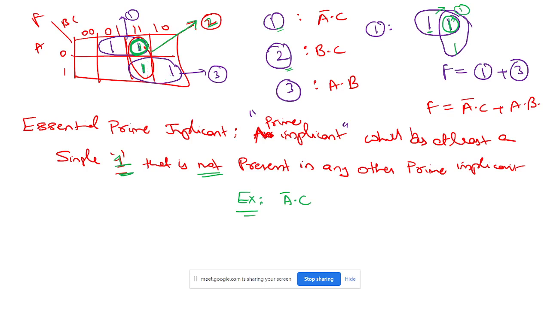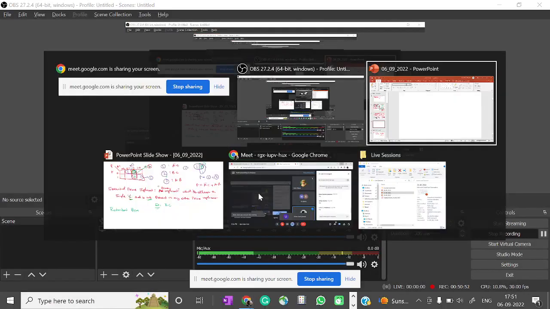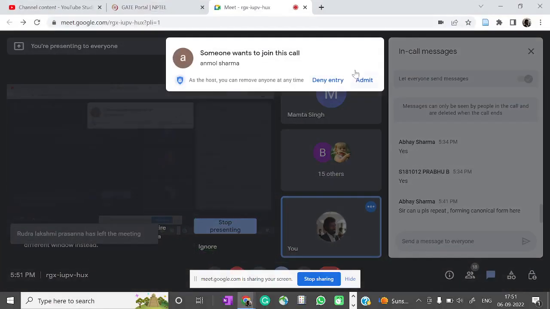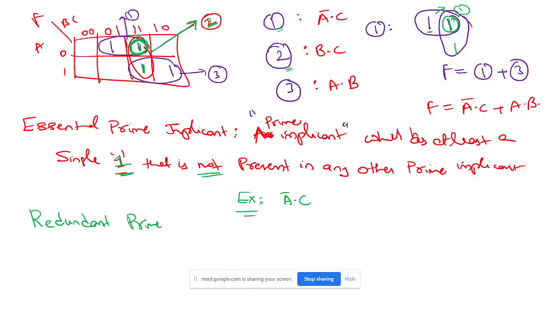There is nothing like a single one that is not present in anything else. So these kind of prime implicants are called as redundant. Redundant means repetitive. So redundant prime implicants.